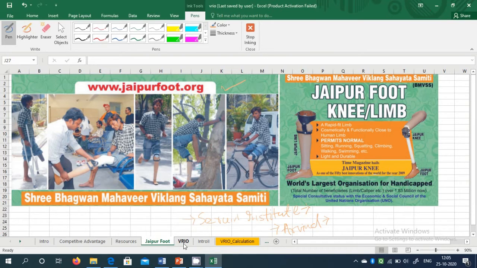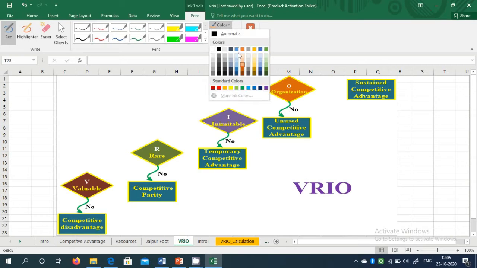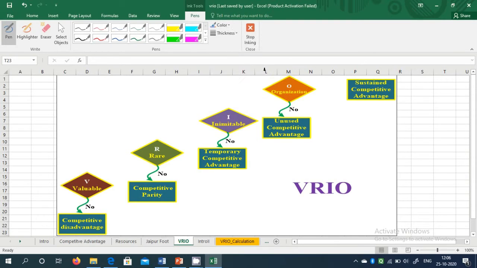There is a methodology by which we can say that they have achieved sustained competitive advantage. You can see it in a phase-wise manner, from phase 1, phase 2, then phase 3, and phase 4, and ultimately they achieve the sustained competitive advantage.